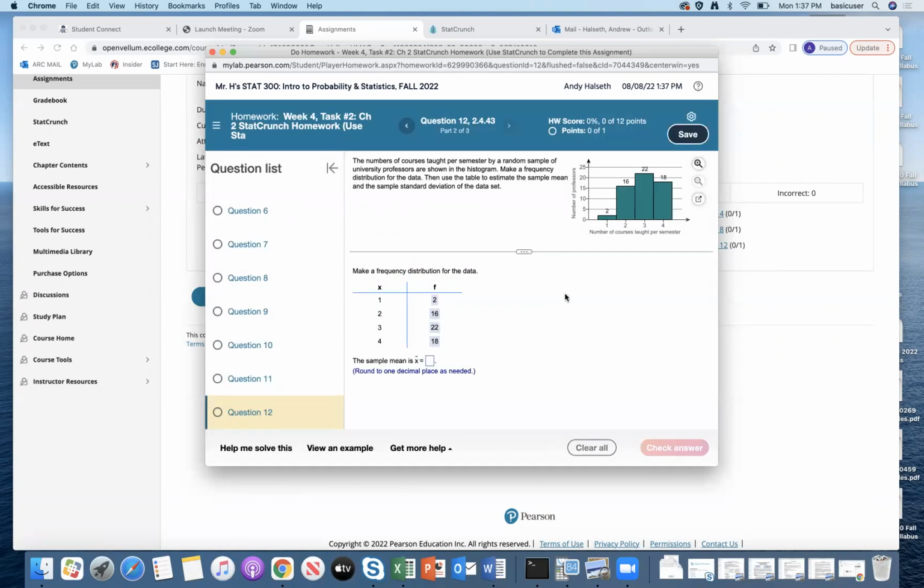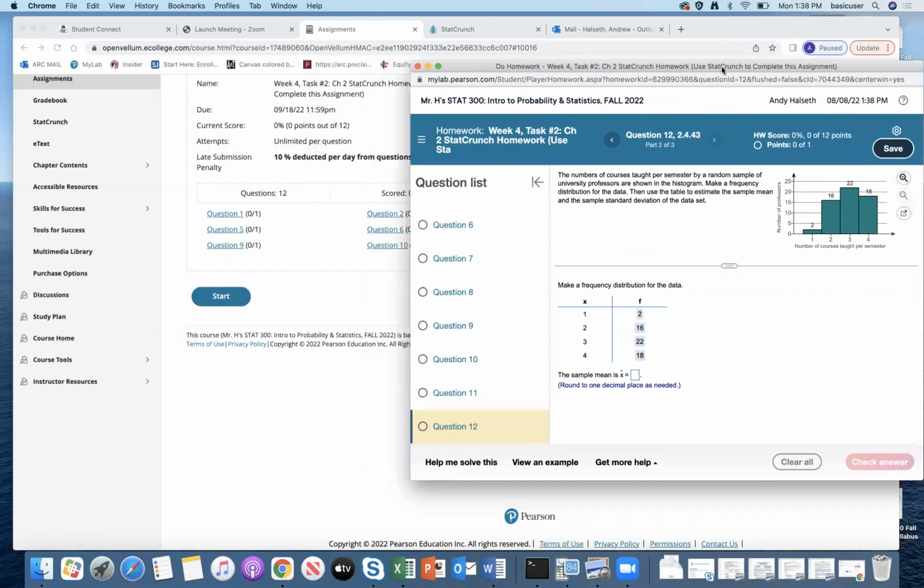I could do the mean by formula, multiplying each pair, 1 times 2, 2 times 16, adding all of those products up, and then dividing by the sum of all of these frequencies. That would work just fine, but in this video we're relying on StatCrunch, and it's also going to give me the standard deviation, which is what I'm really doing this for. So I'll push this to the side and bring up StatCrunch.